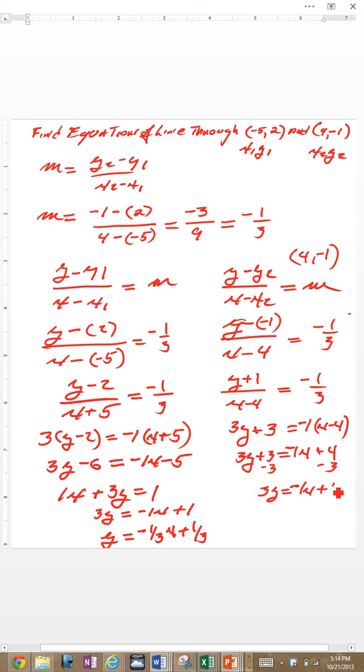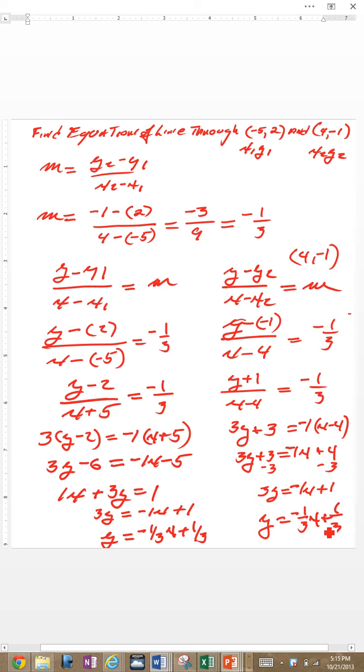Subtracting 3 from 4 is 1, divide by 3, exact same equation. Negative 1/3 x plus 1/3. Okay, so clean that up a little bit. So y is equal to negative 1/3 x plus 1/3.